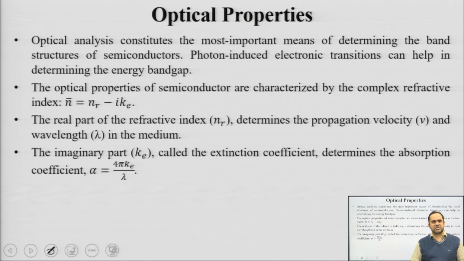Okay. So, as I just discussed about energy band gap, the optical behavior tells you a lot about the band structure of a semiconductor. Okay. If photons are incident on a semiconductor, they provide extra energy to those electrons which are present in the valence band.